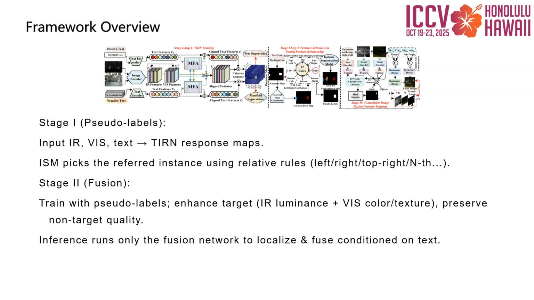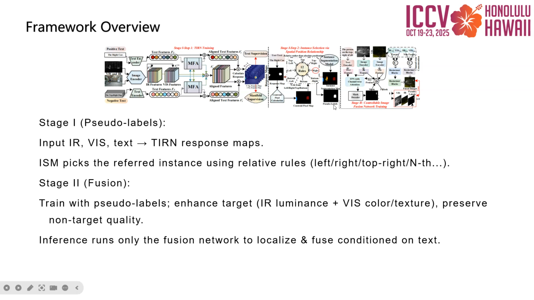Our pipeline has two stages. Stage 1 takes an IR image, a VS image, and a text prompt. TIRN produces a response map indicating which pixels correspond to the text. Then ISM parses spatial terms in the text and, using the centroids of candidate objects, selects the one that best matches the relative position description, yielding an instance-level pseudo-label.